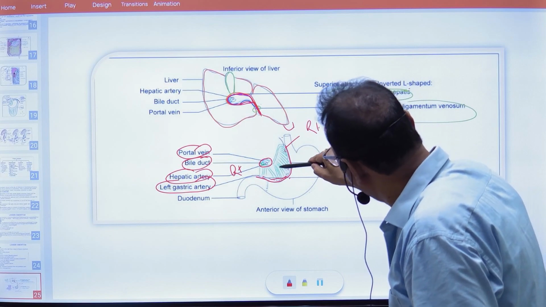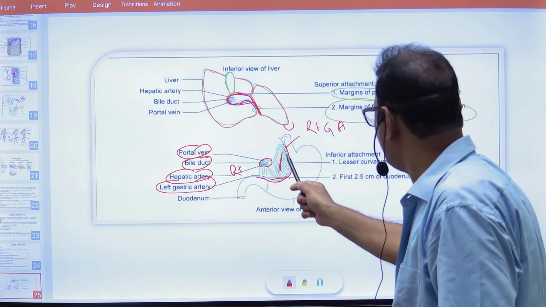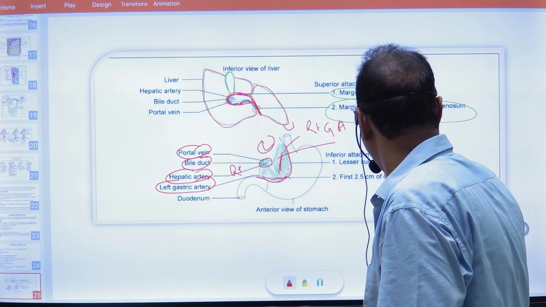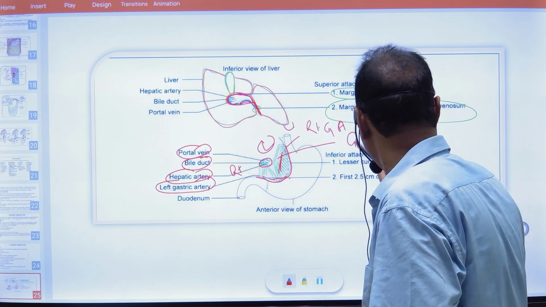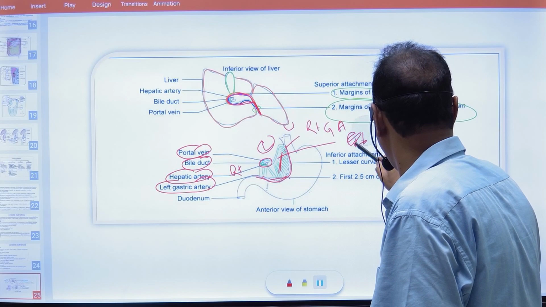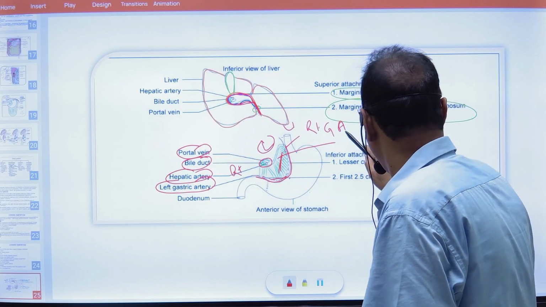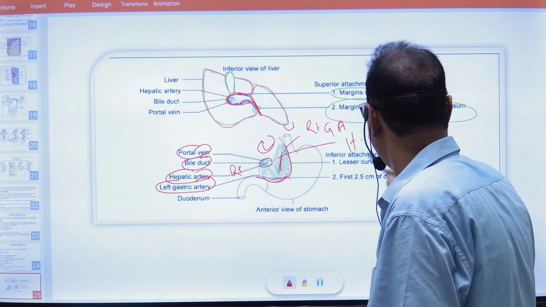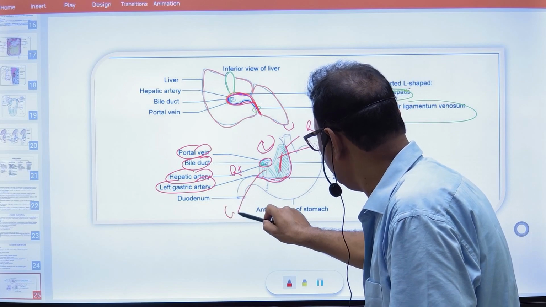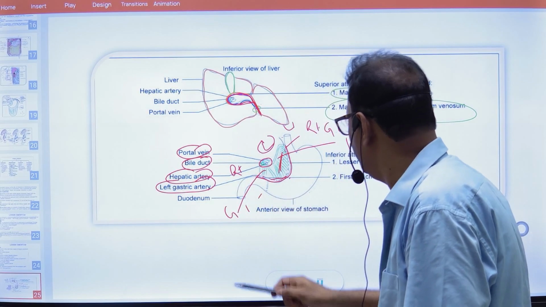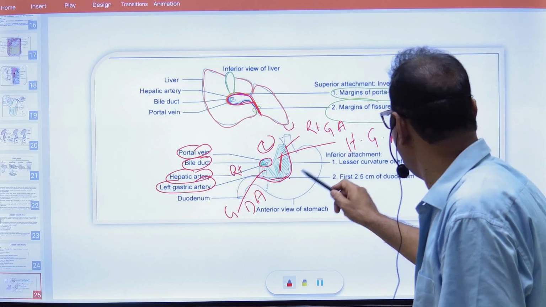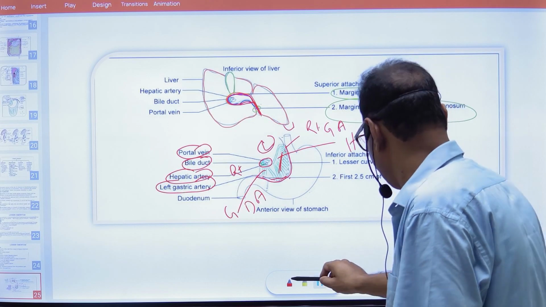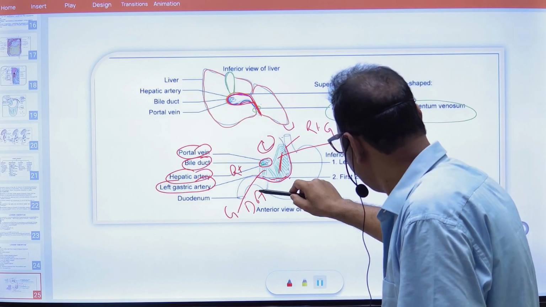This portion of the lesser omentum, which is between the stomach and the liver over here, is known as the hepatogastric ligament, and this portion is known as the hepatoduodenal ligament.